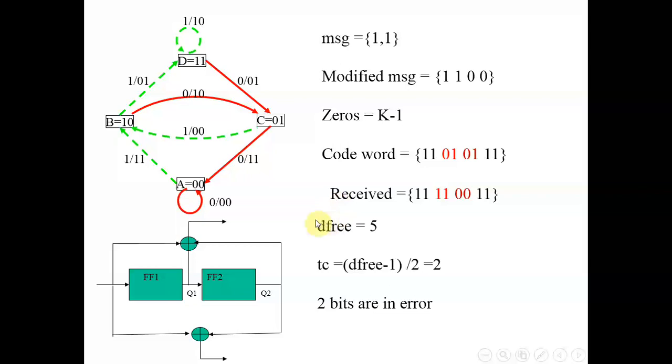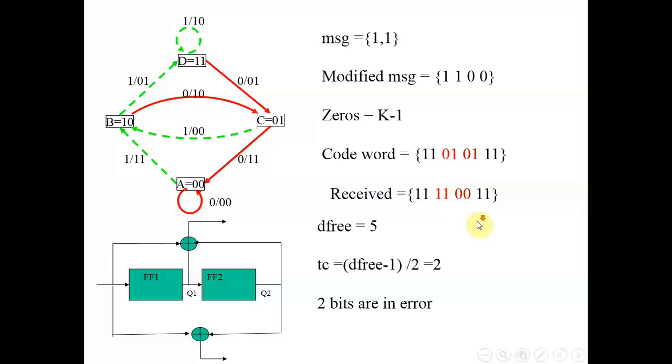Why? Because we have calculated d free of the encoder, which is 5, and the error correcting ability is (d free minus 1) by 2, which is 2. So this convolution encoder has an inherent capacity of correcting 2 bits of error. So we are changing the 2 bits, and the code word which we will receive is 11110011.